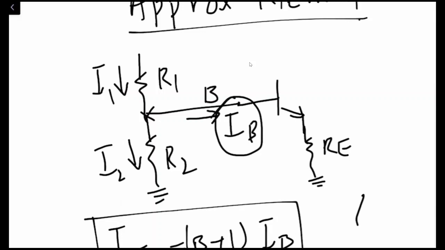Due to this, we say the resistance offered to the base current is very, very high. Are you getting my point? Yes, sir. Therefore, the current flowing in the base is very negligible compared to the currents I1 and I2.